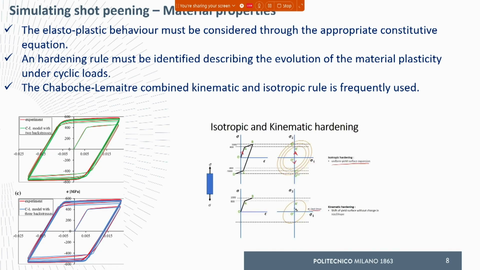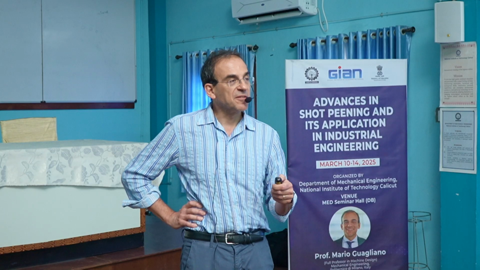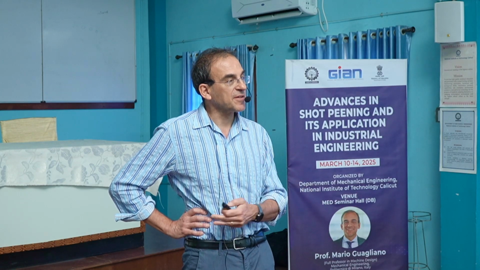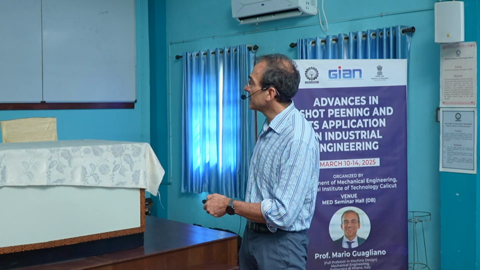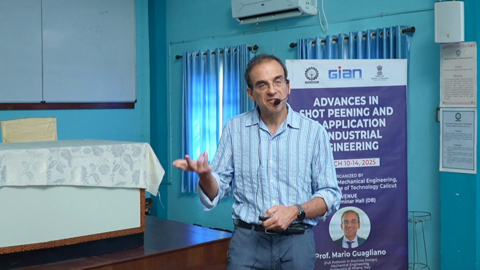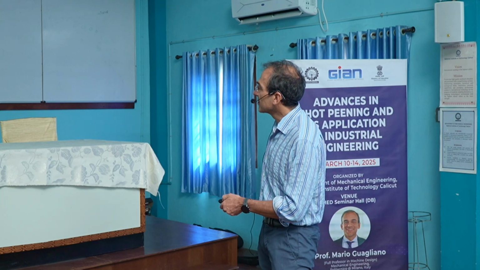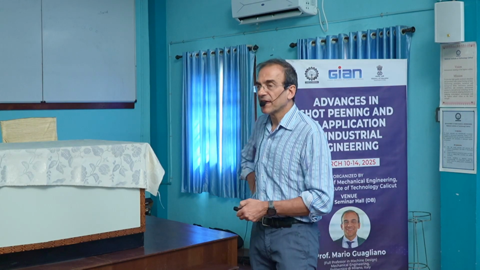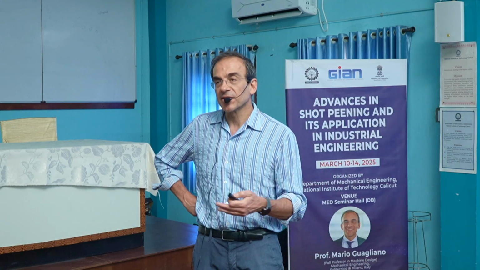In the curve on the right, we have the representation in the principal stress plane. So we are dealing with a biaxial state, and the third principal stress is null. Here we have, on the abscissa and the ordinate, the two principal stresses. And here is the ellipse that defines the yielding condition according to the von Mises criterion.